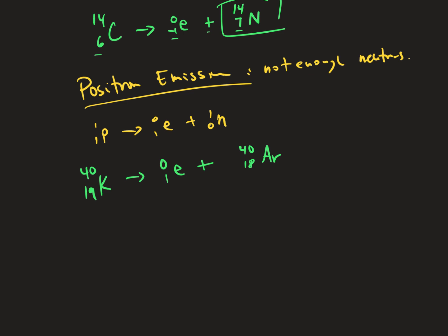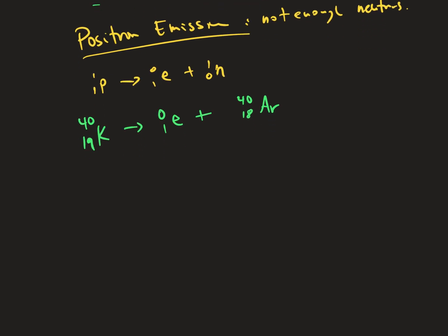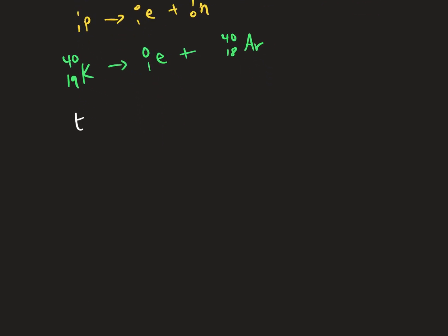Moving on? Okay. So the next one is electron capture. In electron capture, this electron is actually coming from the electron cloud outside the nucleus. And sometimes it'll take one in to make it more stable.